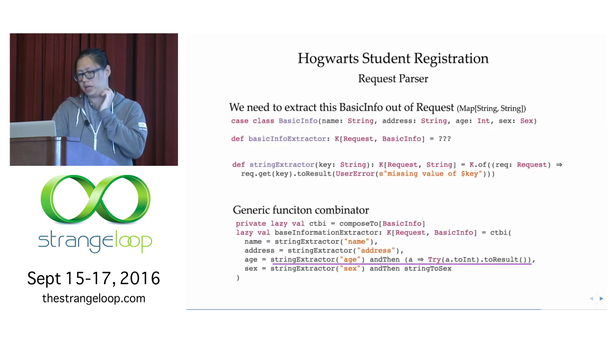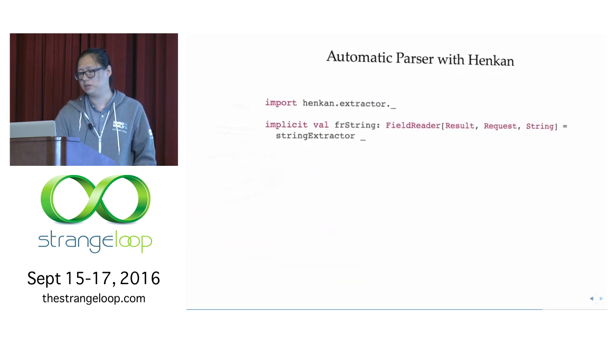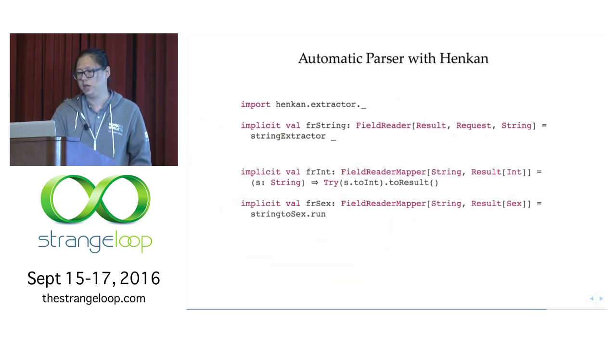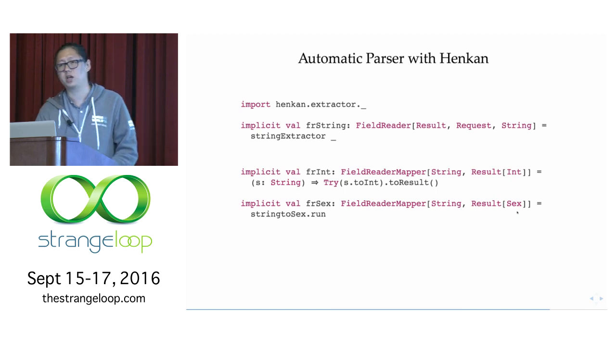Again, you can see the string extractor here. You give a key and you give a request. You give a function that, given a request, extracts a string out of it. This is the first thing you provide. And then you provide functions that, given a string, I want to get an integer, and given a string, I want to get a sex. So it's string to result of integer, string to result of sex. You provide all those implicitly in Scala.